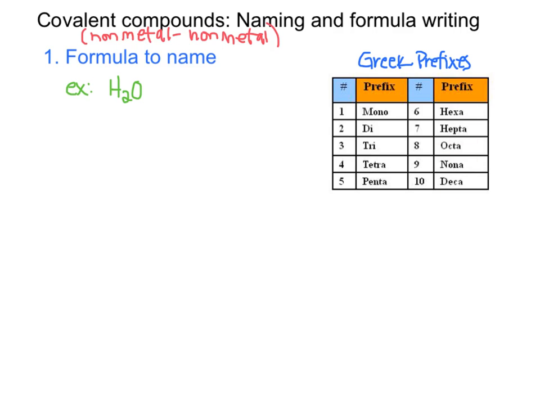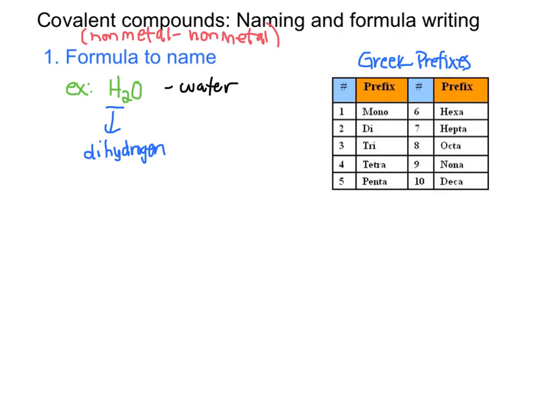So let's do an example. So here we have water, right? So we know that the common name is water, but we want to give it a chemical name. So to do that, we're going to just go ahead and give prefixes to the names of the elements. So this is hydrogen, and there are two of them. So we know that the prefix for 2 is di, and we'll write dihydrogen.